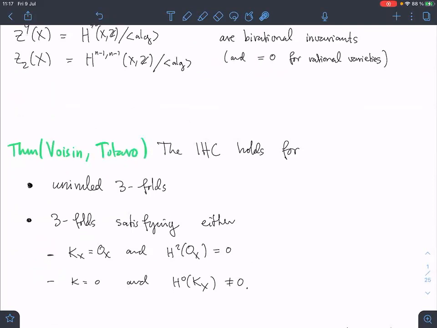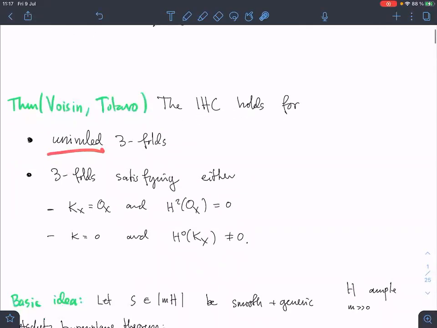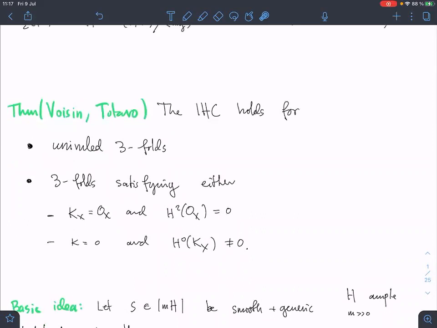This was the theorem of Vincent and extended by Totaro, saying that the integral Hodge conjecture holds for threefolds which are either uniruled or satisfy some extra conditions, namely that either the canonical bundle is trivial and you have this H2 vanishing, or Totaro's extension, which was that the Kodaira dimension is 0 and you do have a section of the canonical bundle.